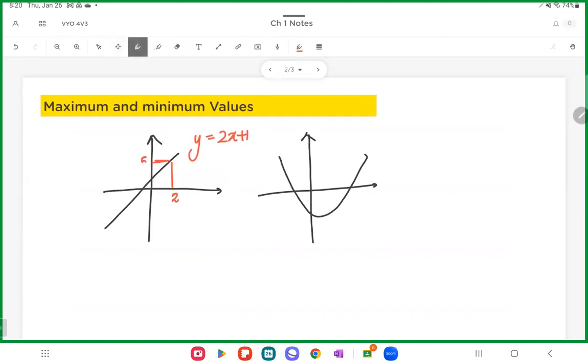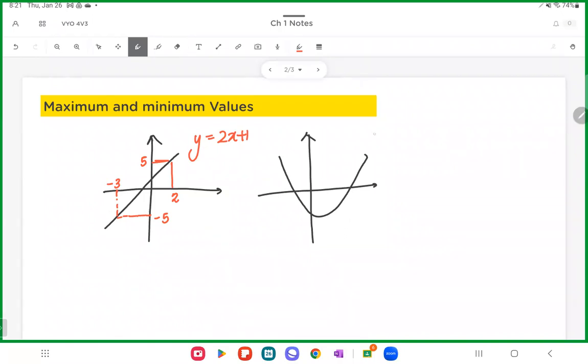Okay, I will have 5 for my y value. If I have, say, a negative 3 here, what will my y value be? Negative 5 also, yeah? Okay, so if you do notice, for every x value here, we only have one y value output.